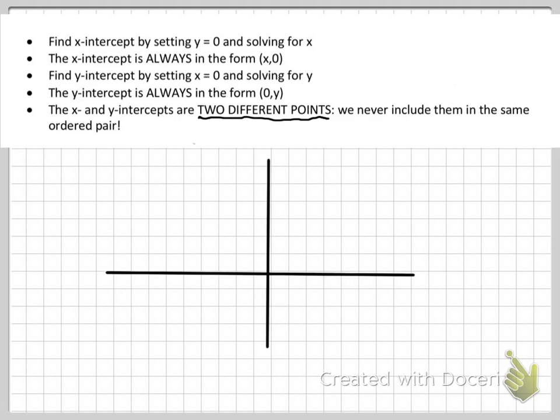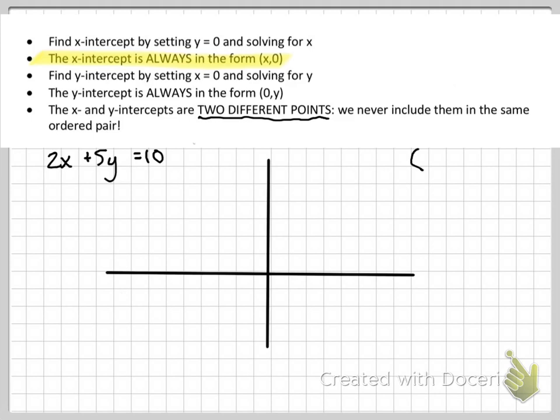So let's start out with, let's see, we need an equation. So let's use the equation 2x + 5y = 10. Okay, so let's start by finding the x-intercept. So I'm going to start building my x-intercept.